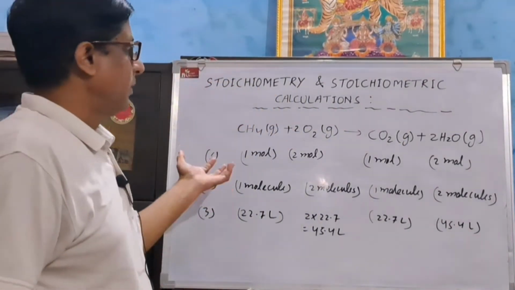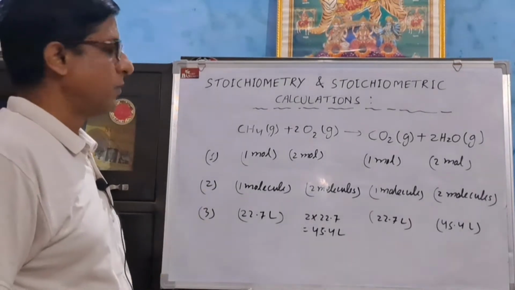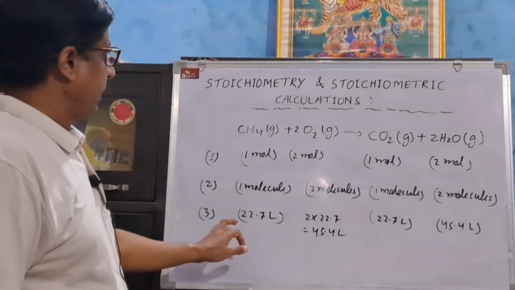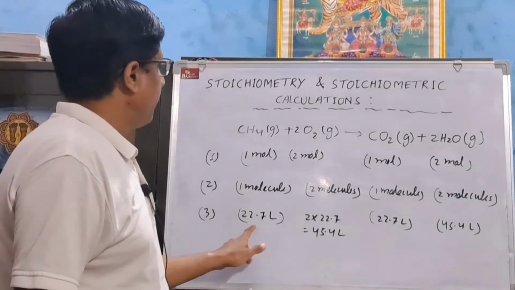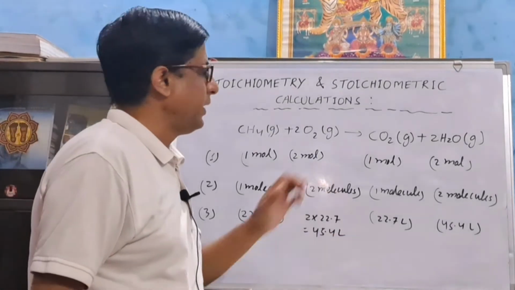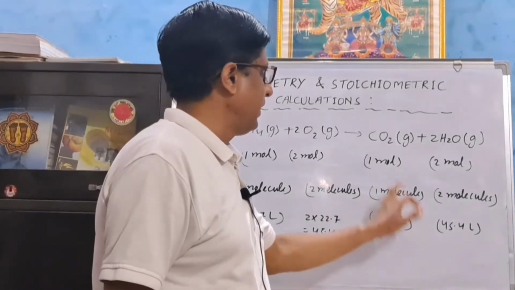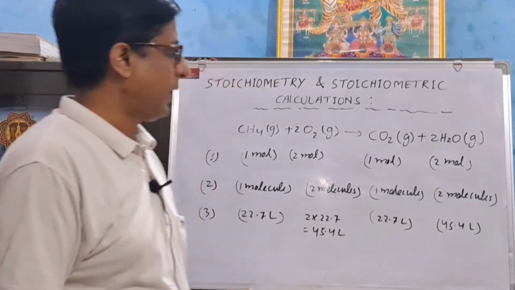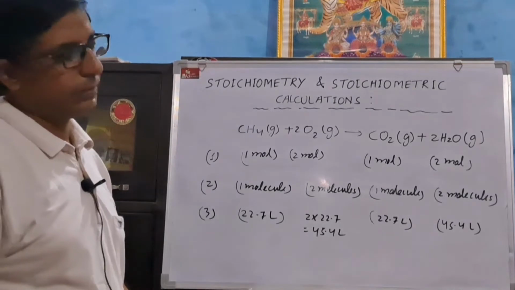Thus, this equation can also be understood in terms of volumes. Here, 22.7 liter of methane reacts with 45.4 liter of oxygen to produce 22.7 liter of carbon dioxide and 45.4 liter of water vapor.